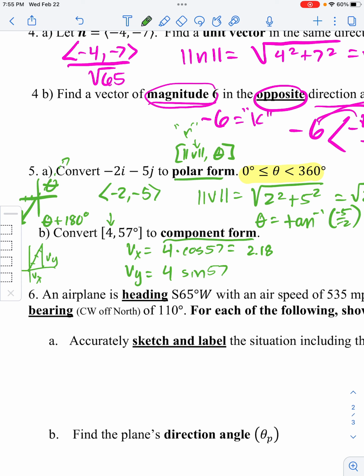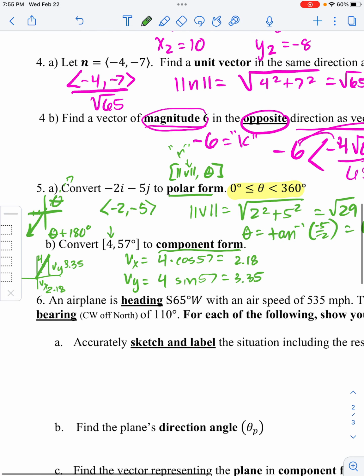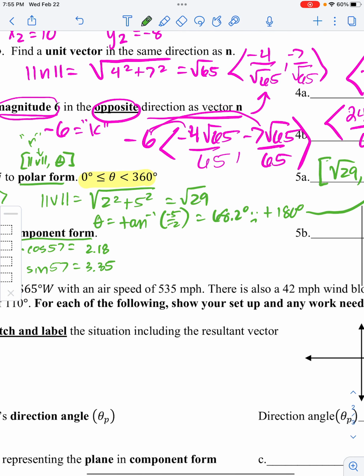And I'm coming up with 3.35-ish. Okay, well, you only went out 4 this direction, so it makes sense to have 2.18 here and 3.35 here because Pythagorean theorem and life in general tells me that hypotenuse has to be the longest. So I needed 2 answers that were less than 4.